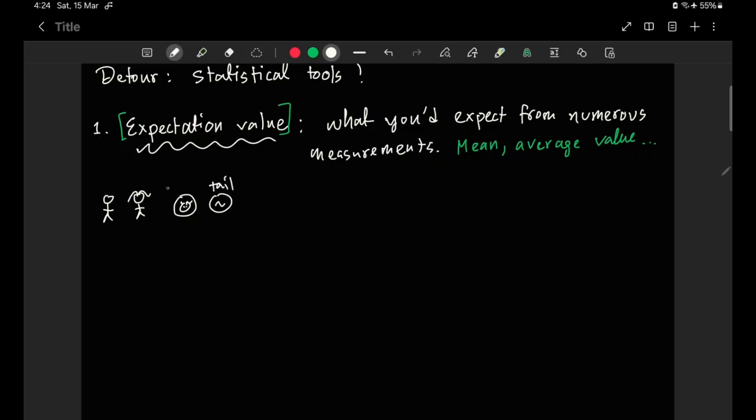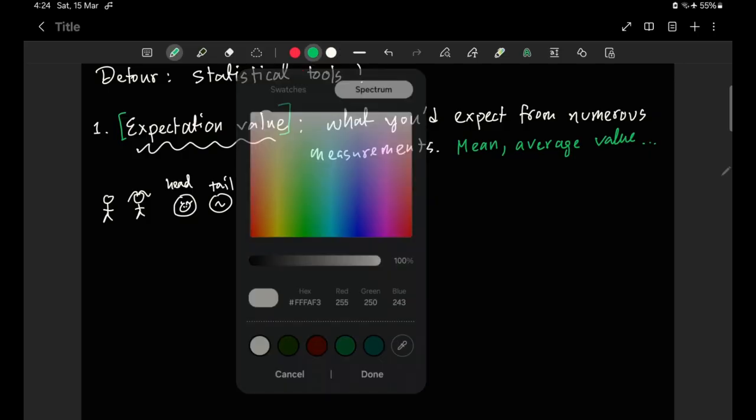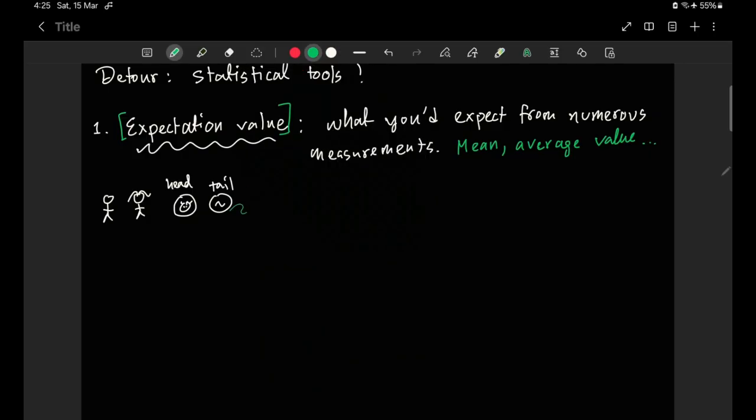Okay. And your friend proposes this game where every time you have a tail landing, you win, and you winning implies that your friend pays you an amount of $1.50.